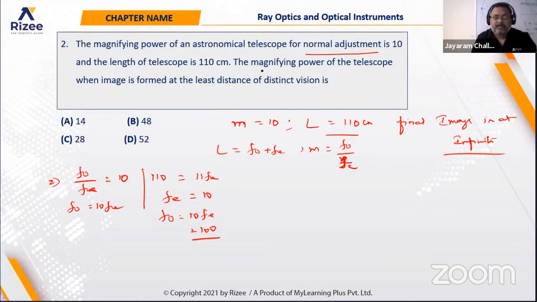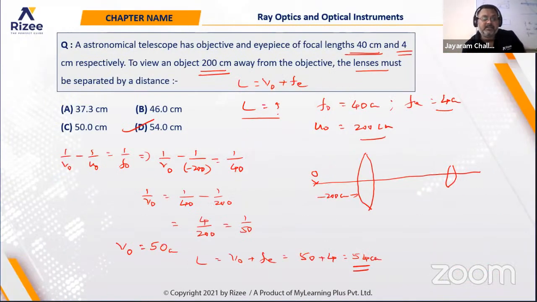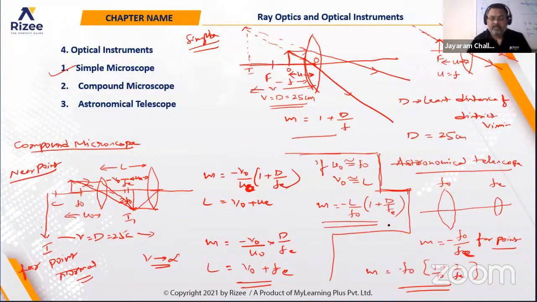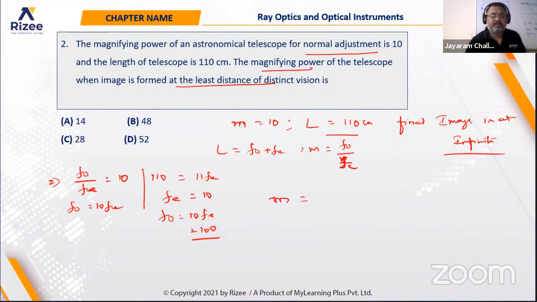Now he is asking the magnifying power for the least distance of distinct vision. So what is the magnification formula for the astronomical telescope for the least distance of distinct vision? So here I have written, this is for a near point. Okay, so now substitute that relationship here.